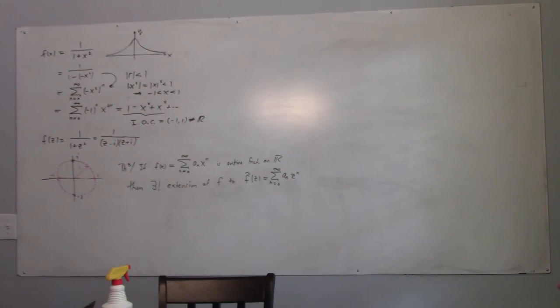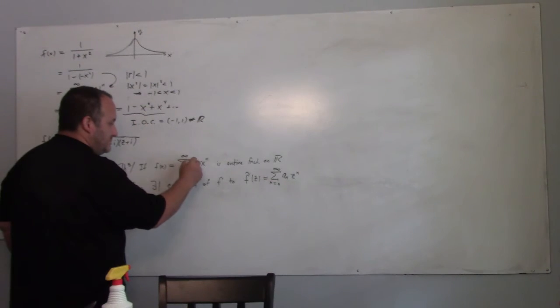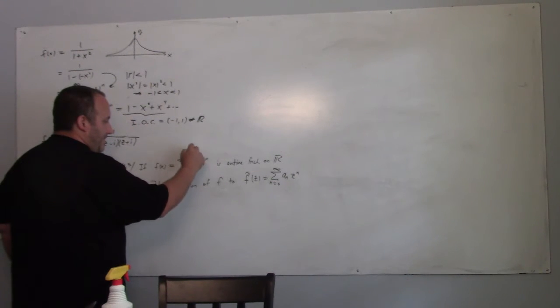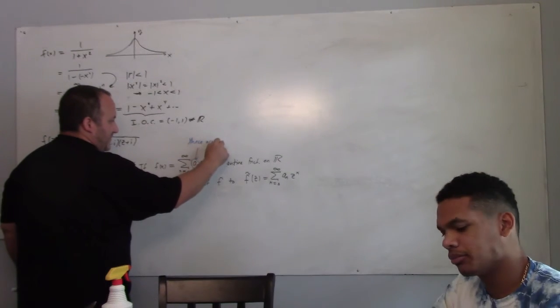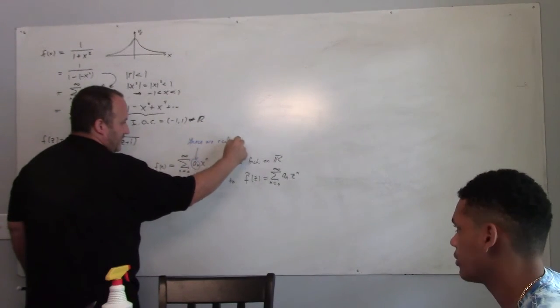I don't need a star this time, because notice that if it's an entire function on the reals, what can you say about the coefficients here? These are real numbers, right? Yes.